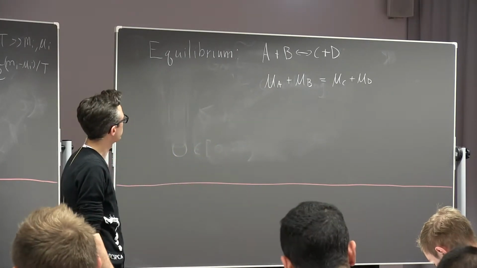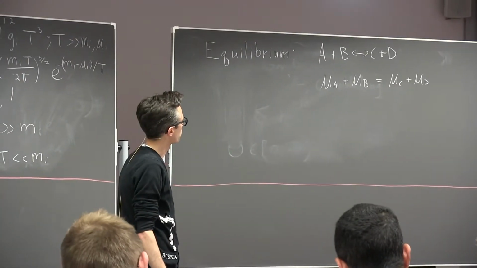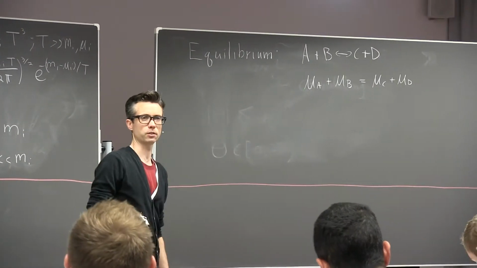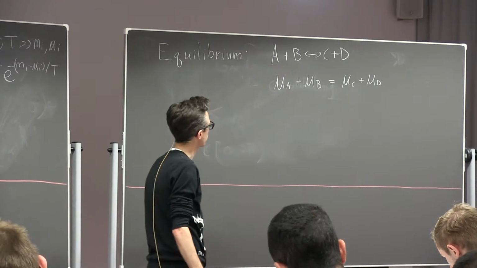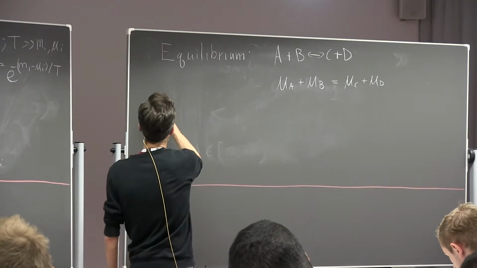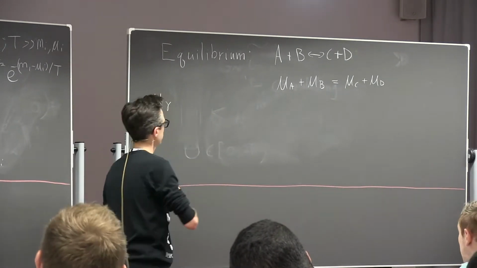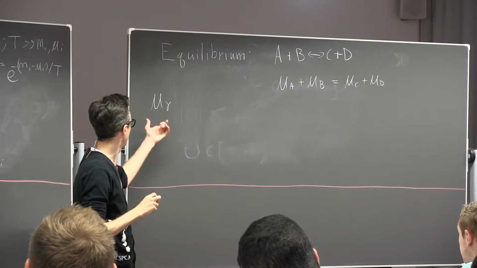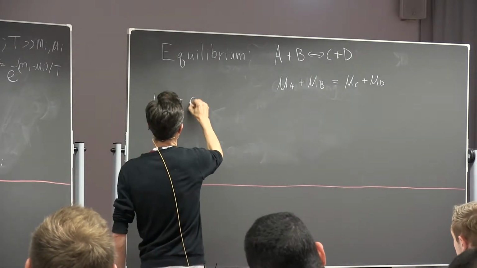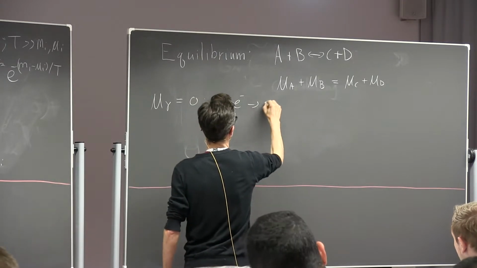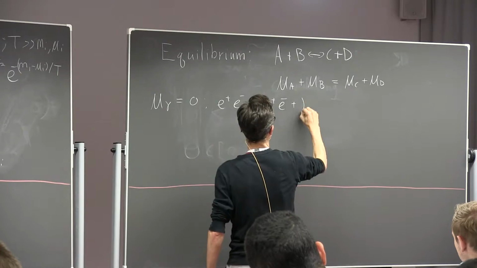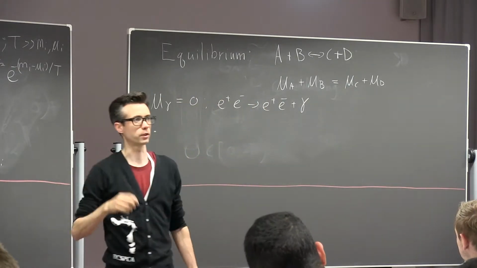For the standard model in equilibrium, we're going to essentially have all the chemical potentials going to 0. One way to see that a lot of chemical potentials go to 0 is, first of all, vector boson chemical potentials in equilibrium go to 0. For example, the photon chemical potential goes to 0 in equilibrium because you can have processes like e+ e- goes to e+ e- plus you radiate off an extra photon.